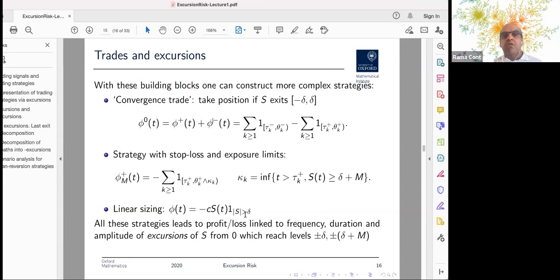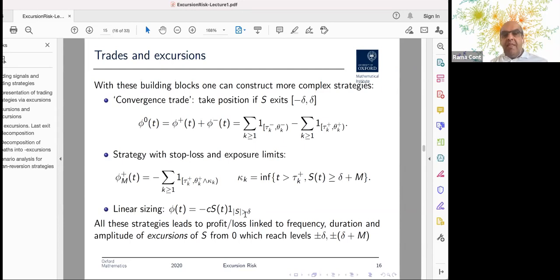So this linear sizing is used a lot. And then it leads to a quadratic gain profile because you integrate against S. So it can also be a function; it doesn't need to be one. Again, then you can write in a similar way the gain.